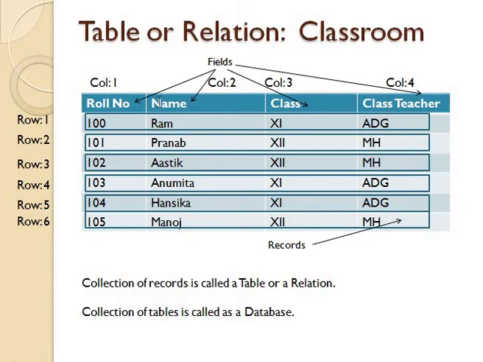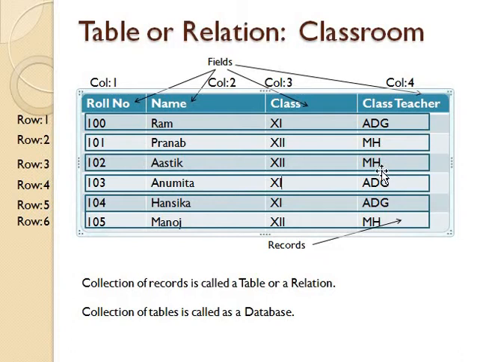That is, roll number, name, class, and class teacher are the fields of this table called classroom. And all these values such as 100, 102, Astik, Pranab, 12, 11 in Roman letters, MH, ADZ, all these values are the data items. So the data item 100 belongs to the field roll no. The data item Pranab belongs to the field name.